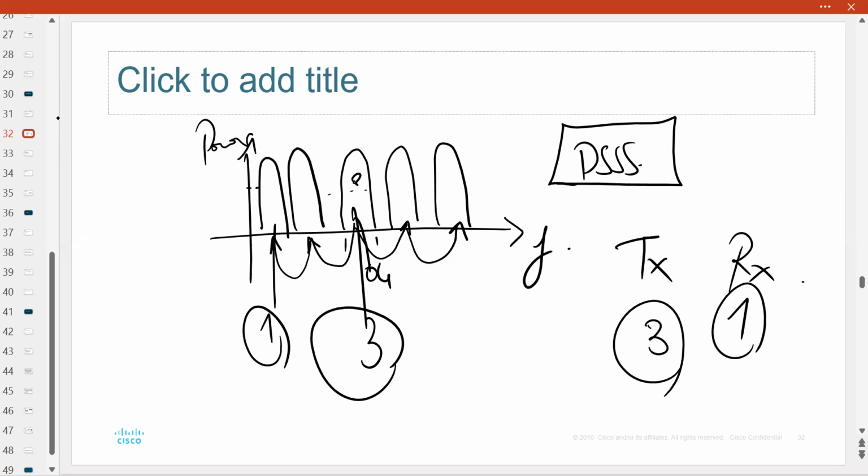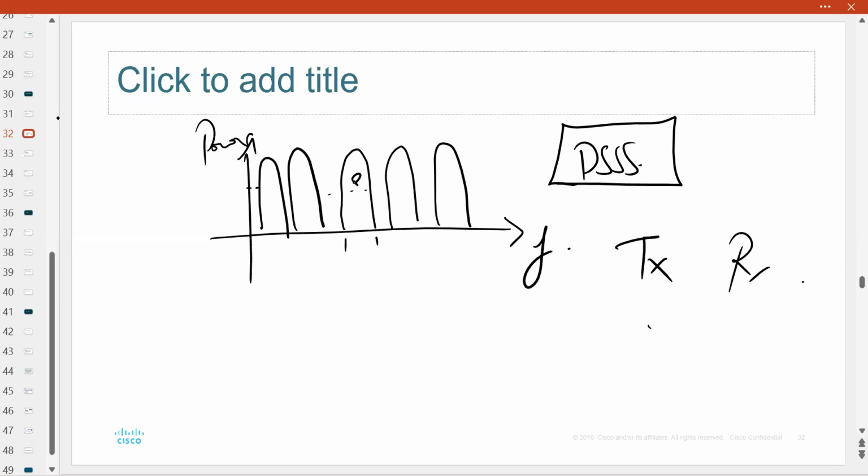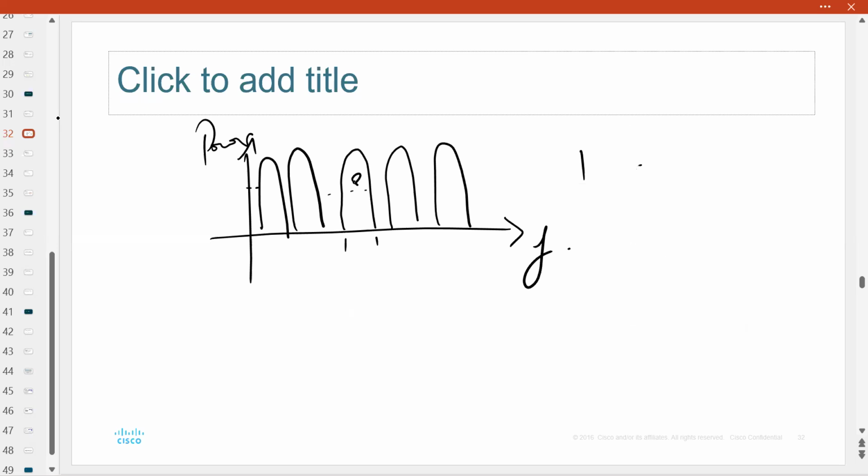So that's another way of reducing saturation, because instead of using one channel, you have multiple channels being used with frequency hopping. That's the second way of mitigating channel saturation. All right, the last one, OFDM. This is the newest technology that is being used.